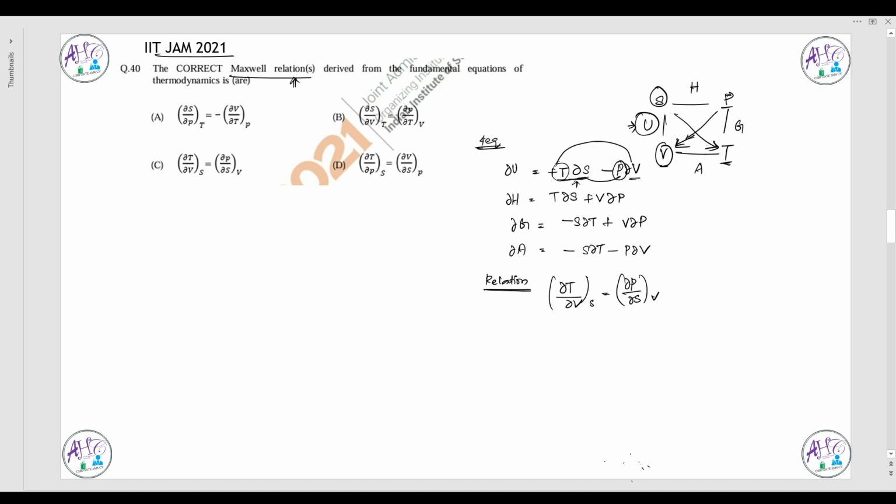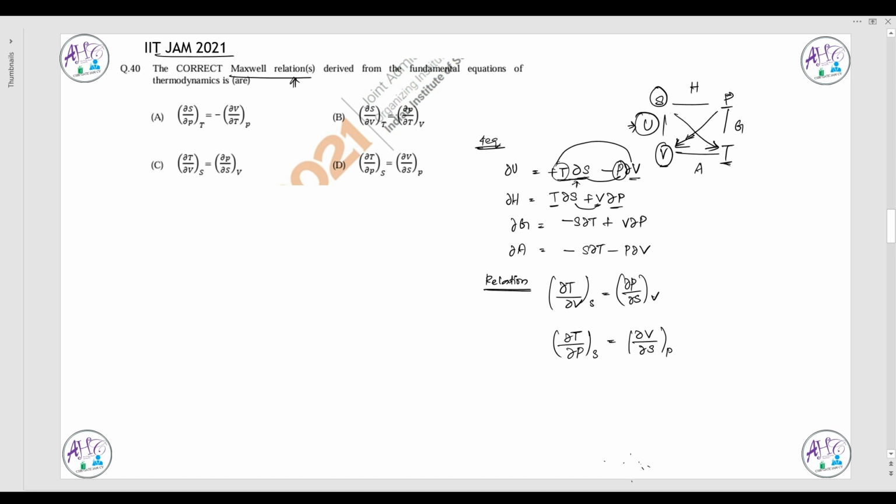And let's write the second equation. So second equation, again your temperature is differentiated with respect to pressure at constant entropy, will be equal to your inner term. These two should be differentiated. So volume is differentiated with respect to entropy at constant pressure.